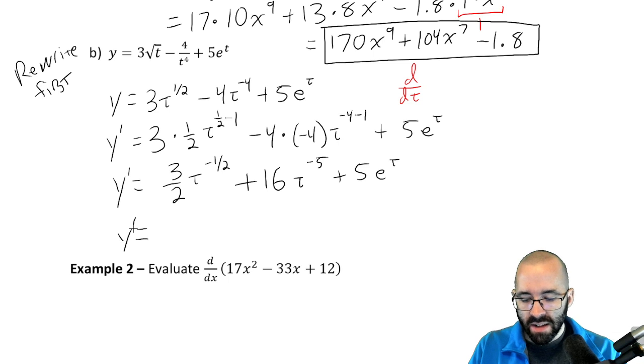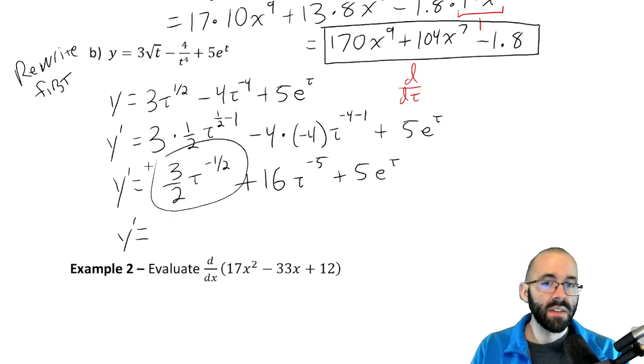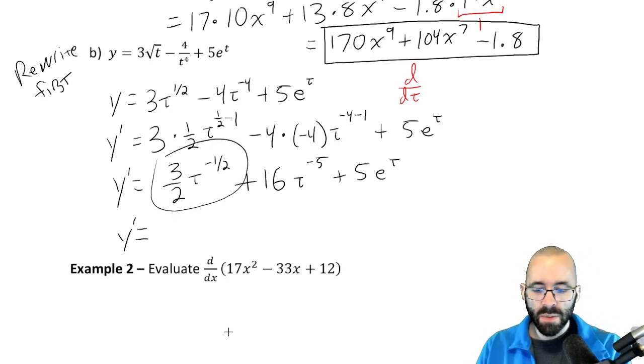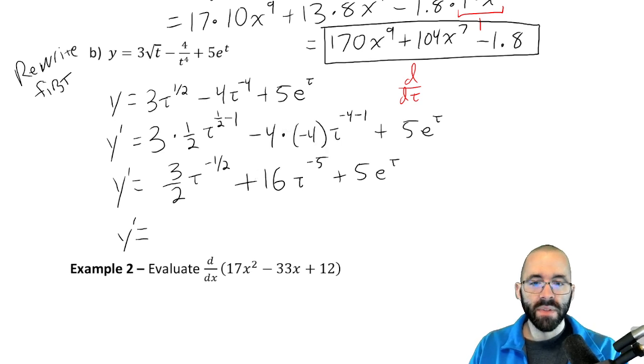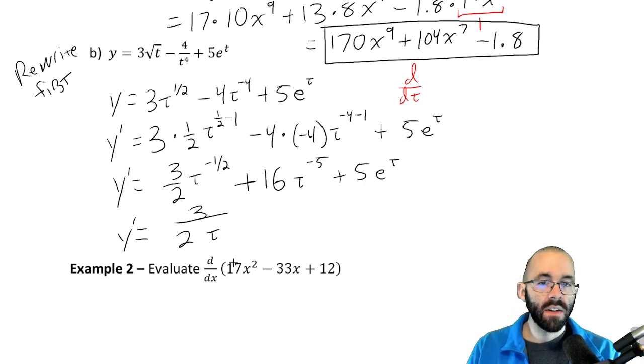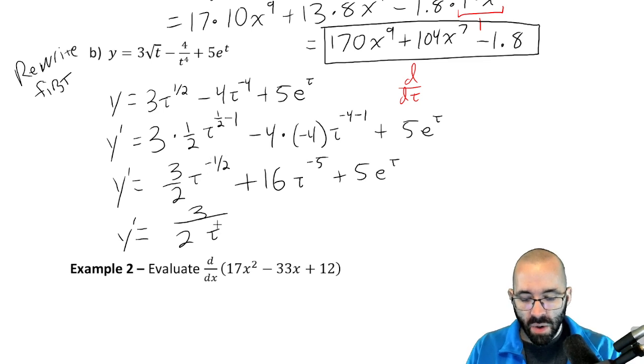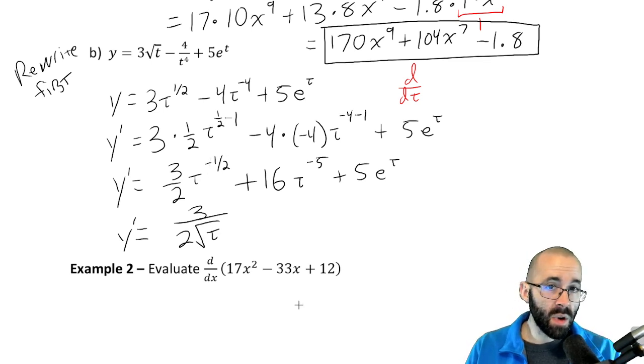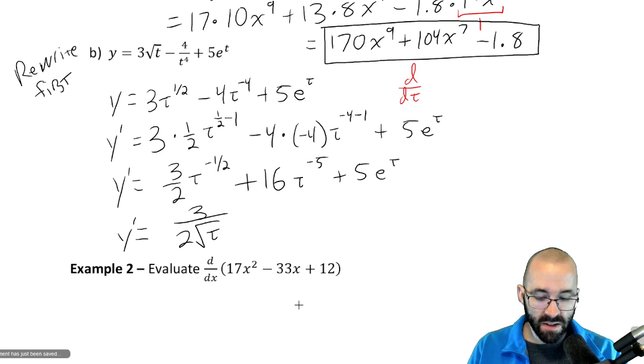But the best way to write this is rewriting this first one. Most people don't like negative exponents. We'll also rewrite the second one. The negative exponent means the t is in the denominator. And remember, an exponent of 1/2 means a square root. Lots of algebra coming back in this section, okay?